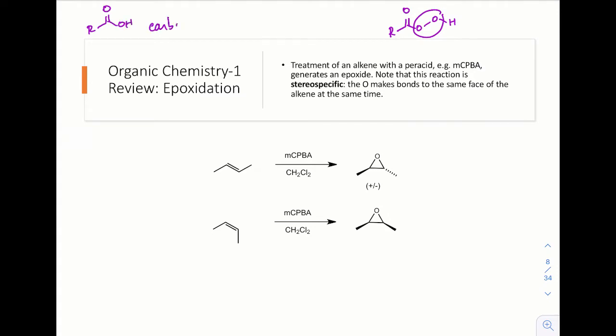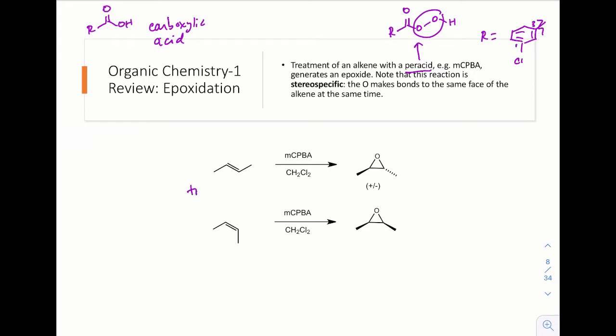There's just that extra oxygen, so it's a peracid. Per means an extra oxygen. Okay, so this is a peracid. For MCPBA, the R group is metachlorobenzene. Okay, so here we go. Meta means there's this 1-3 relationship between the two substituents on the benzene ring.